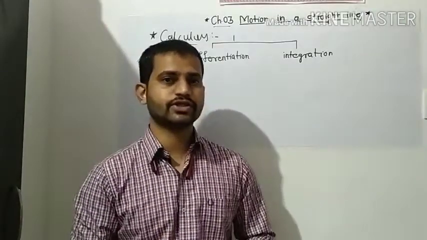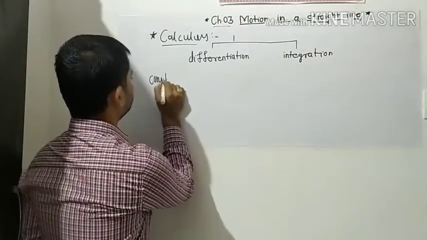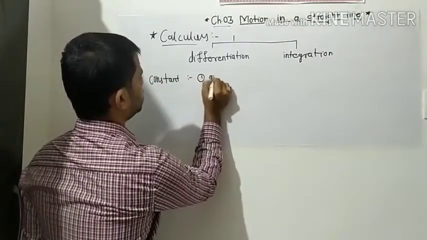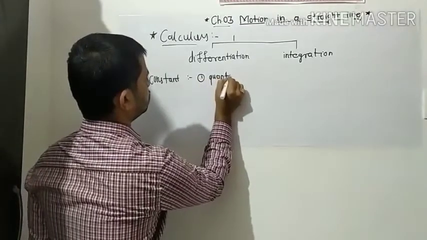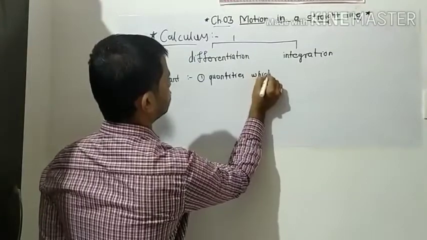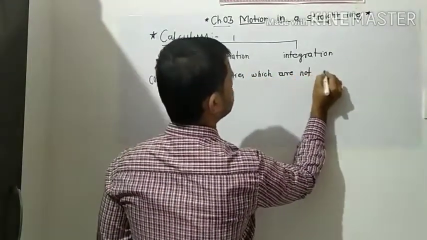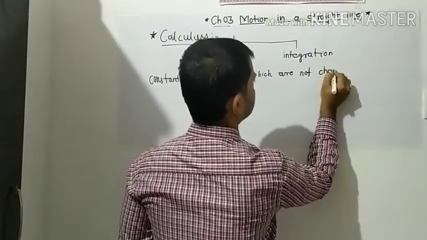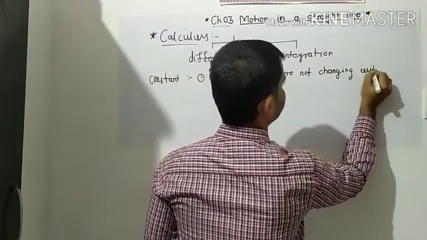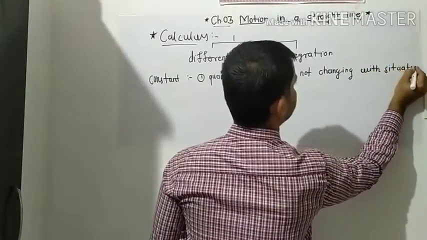So what is a constant? First, the quantities which are not changing with the situation.